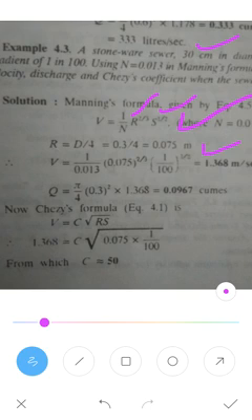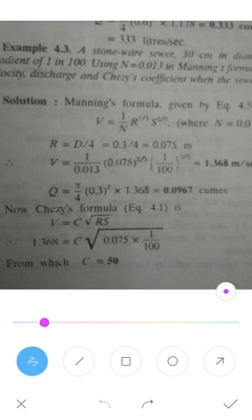After finding this mean hydraulic radius, substitute the value of R in Manning's formula. The slope is already given as 1 by 100, so there is nothing else.